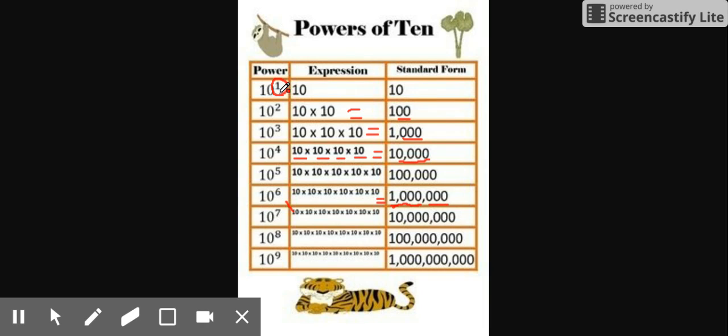And then whatever that number is, that's how many zeros you should have to the right of your answer. And I'm just going to show you this one. 10 to the 0 power equals 1. So just remember 10 to the 0 power equals 1.